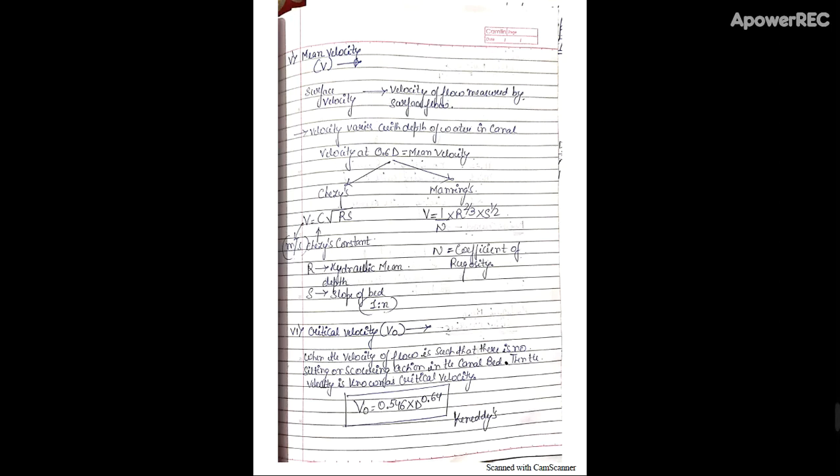So we have to calculate the mean velocity. The mean velocity is always obtained at 0.6 d depth from the top. From the top of the FSL you would go down to 0.6 d and then you would get the velocity.